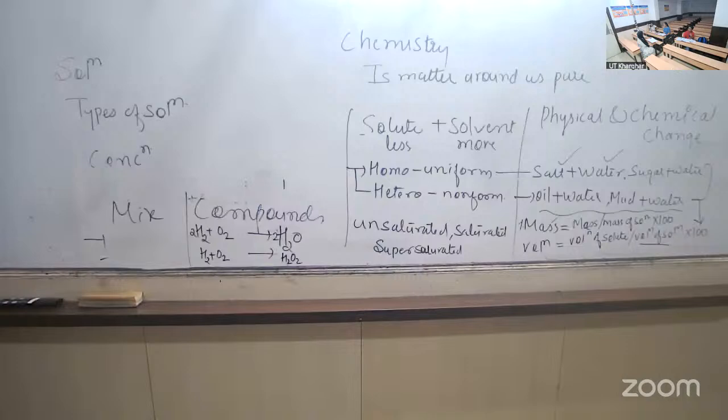It is an element. Carbon dioxide. Coal, coke, graphite, diamond. These all are allotropes of carbon. Then air, mixture. So it is a compound. Methane, it is a compound. Methane, propane. Then carbon dioxide is compound.